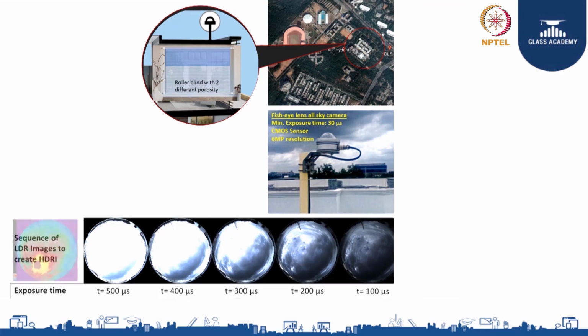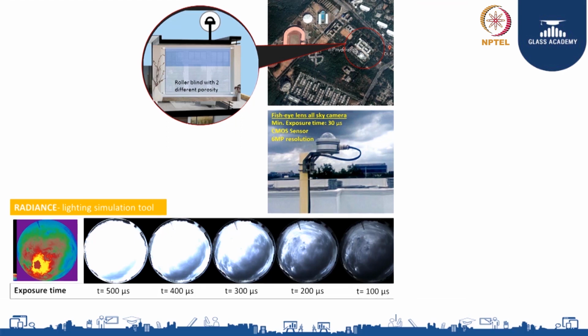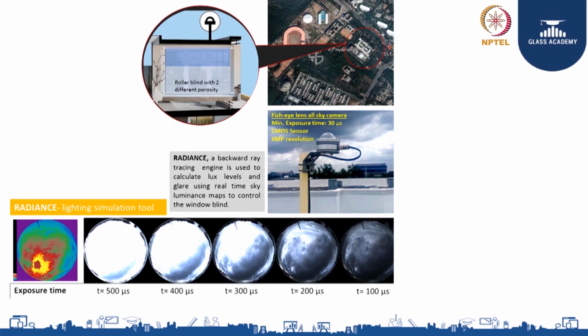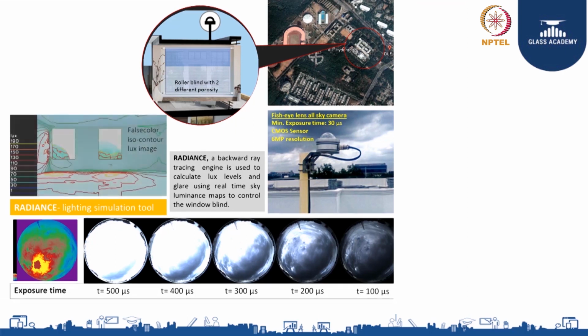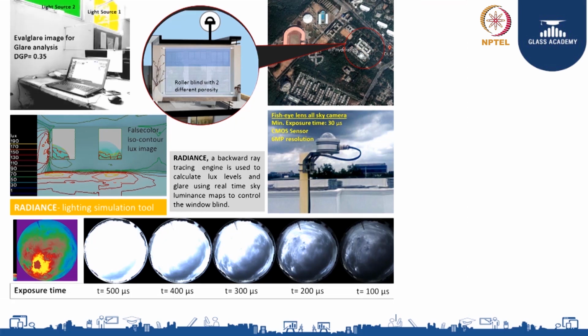Based on this image, we understand the sky condition, and we can simulate the sky in radiance and also estimate the illuminance level in the building. Once we can estimate that, then we can control the artificial light or the daylight control devices.